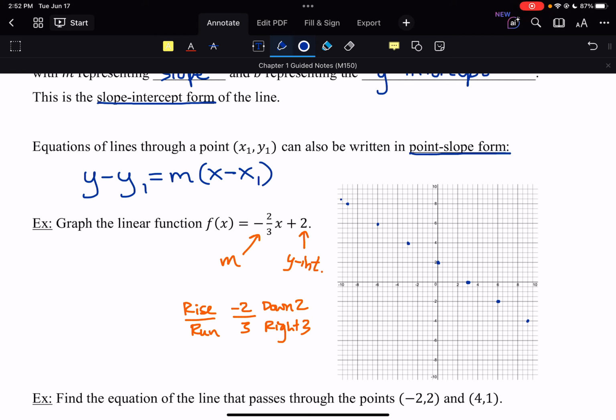And this is what we're going to get. And my system should correct it. Perfect. Right, and I'll put little arrows on the ends because it does continue in both directions forever. But that would be the graph of this linear function.